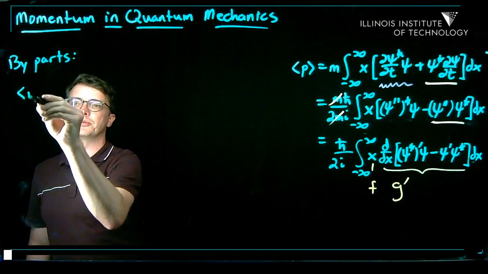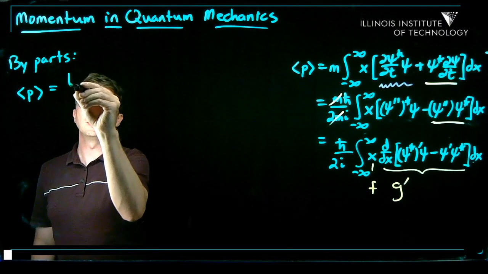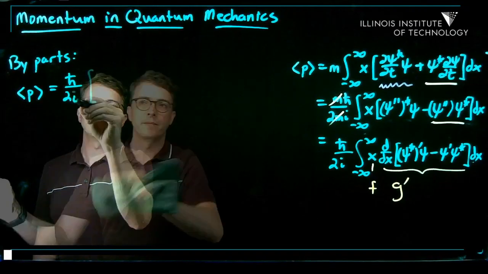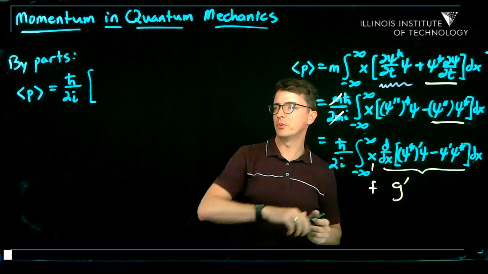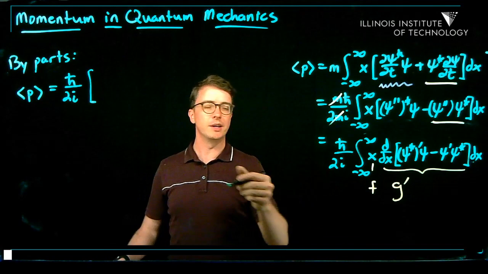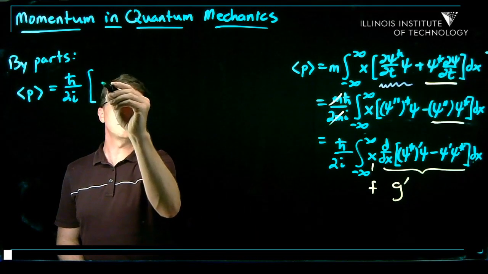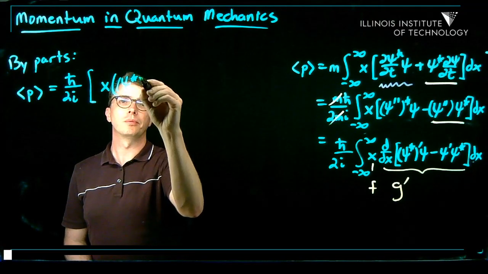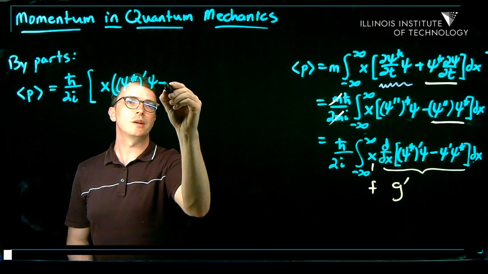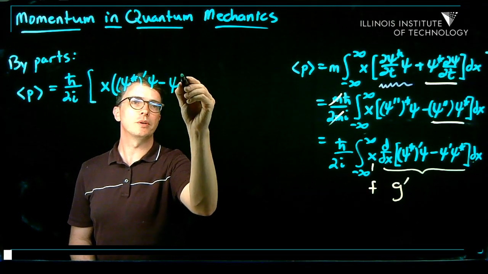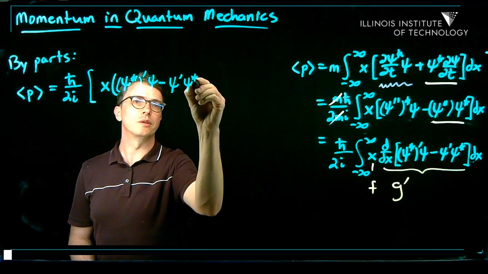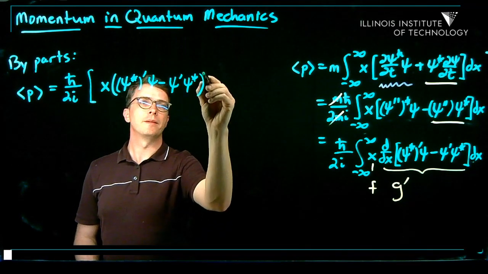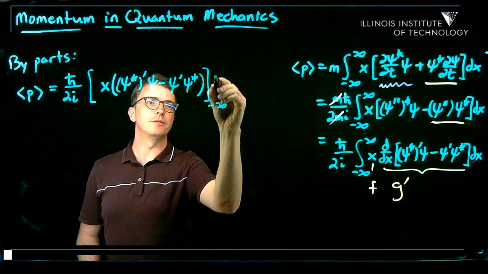So my average p is going to be h bar over 2i. Okay, I have the term which looks like fg evaluated at the limits. So I have here x psi star prime times psi minus psi prime psi star evaluated at minus infinity, infinity.